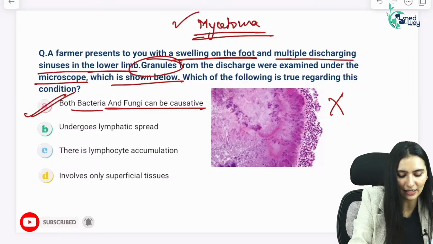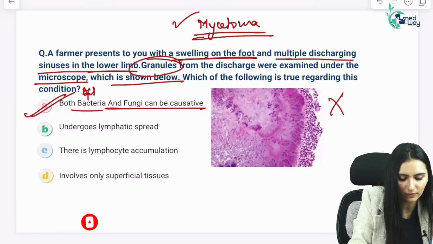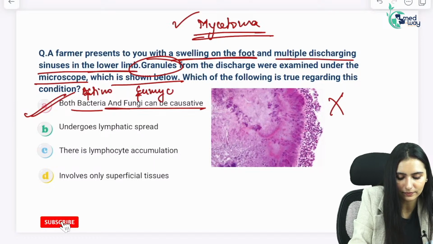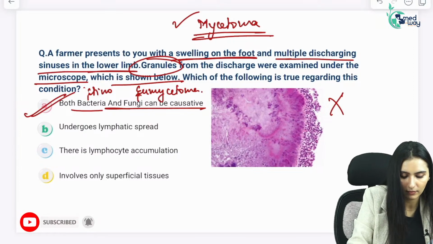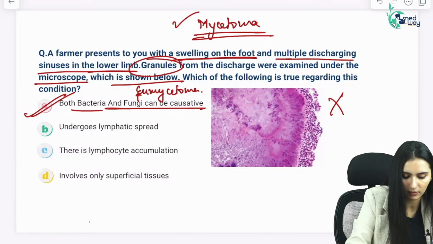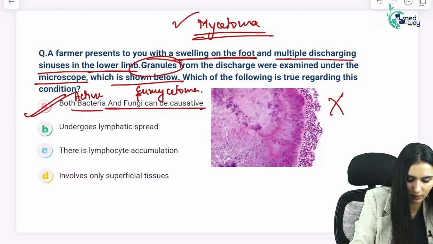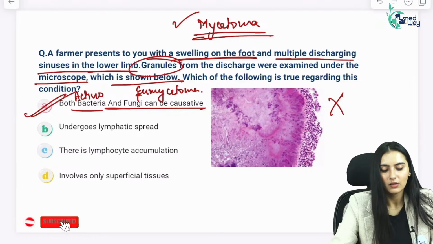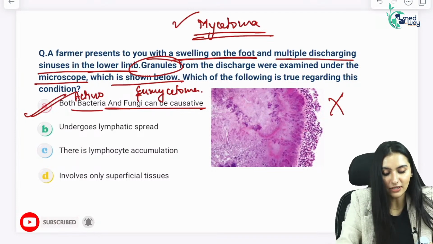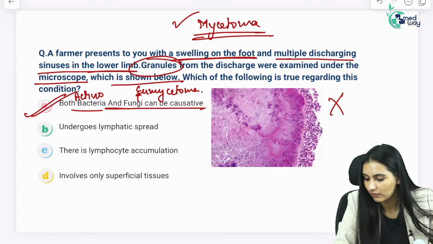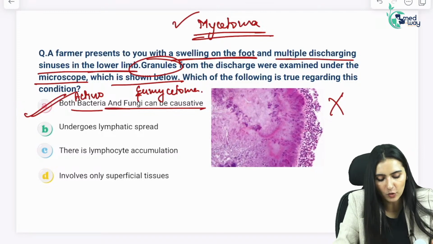Bacteria causes actinomycetoma and fungus causes eumycetoma. Done. Move ahead. I will discuss everything, but you need to just go. So, mycetoma, actinomycetoma, eumycetoma, true.